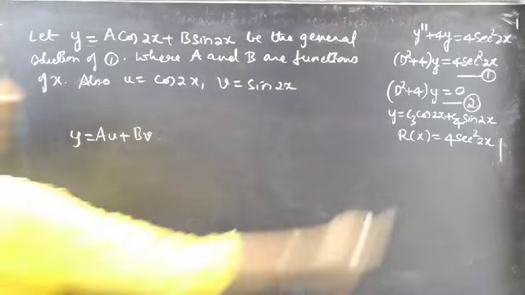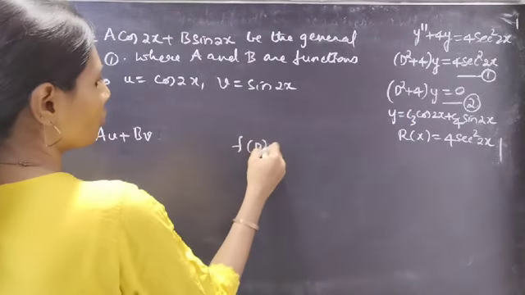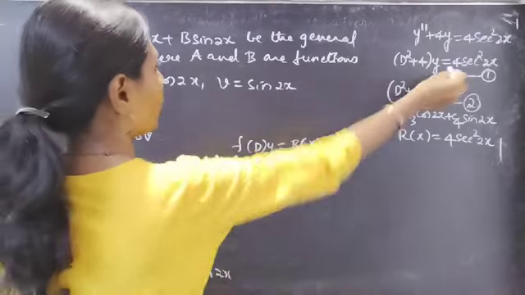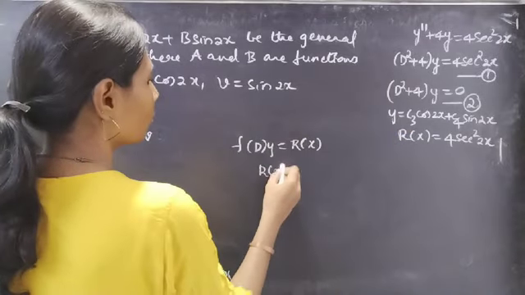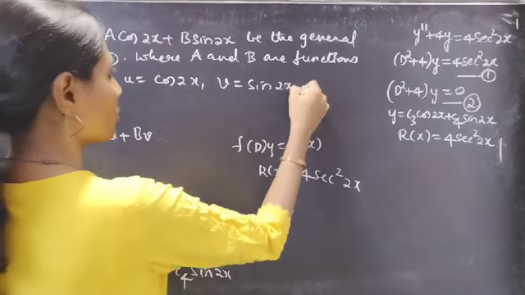Already we have written the given differential equation in operator form, f of theta into y equals some r of x. So here we'll get r of x equals 4 secant square 2x.